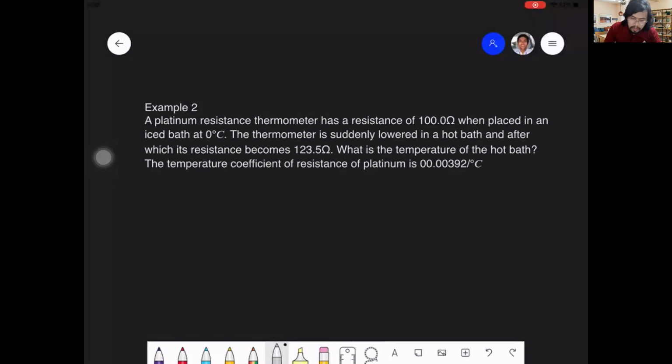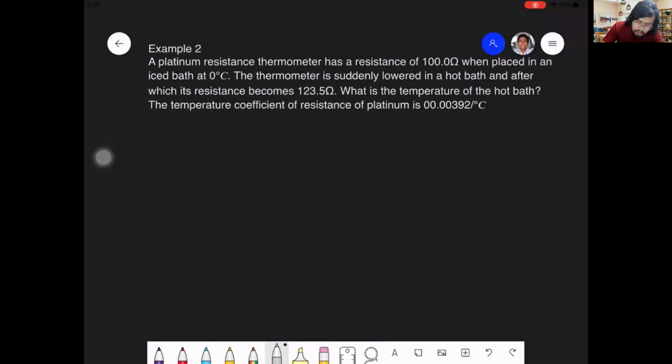Now the given: the base resistance R sub R equals 100 ohms, and the reference temperature T sub R is 0 degrees Celsius.